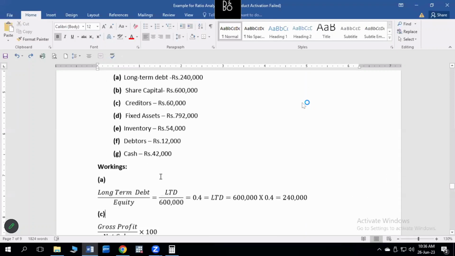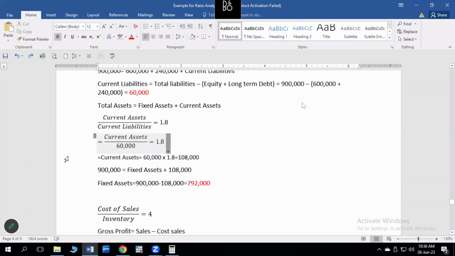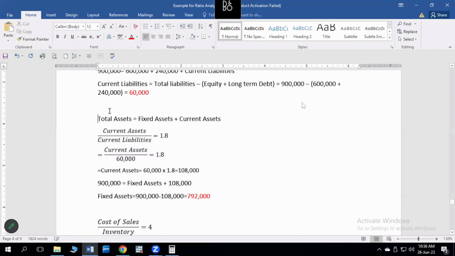Fixed assets, D. From this point, you see workings for D.